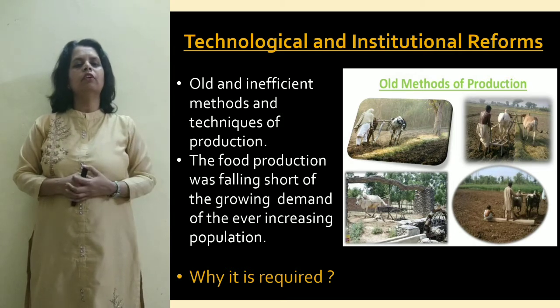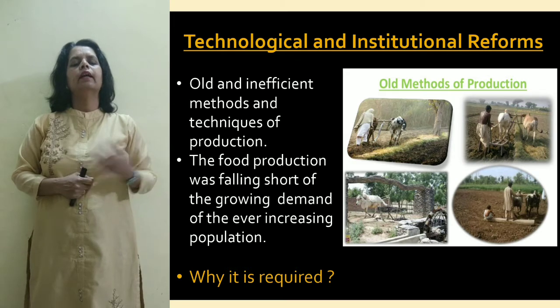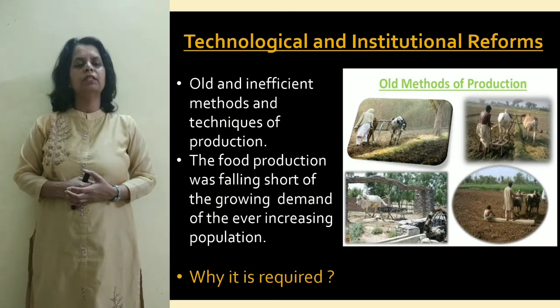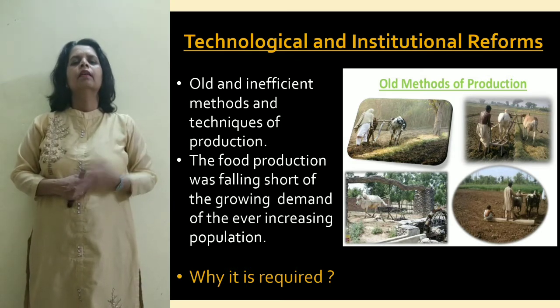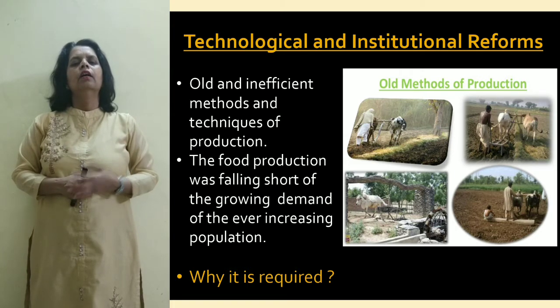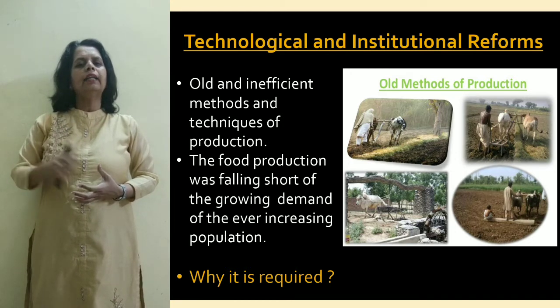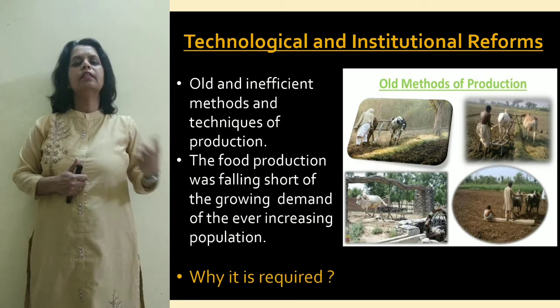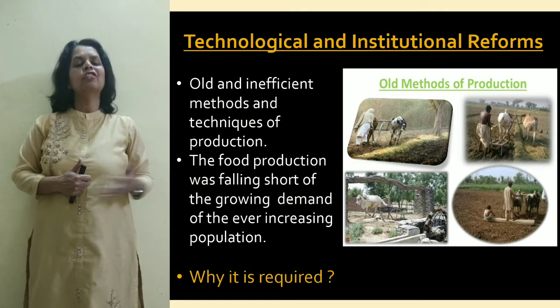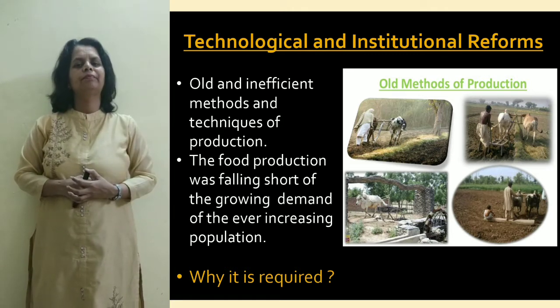With this old technology, farmers are unable to increase productivity and production. Food production was falling short of the growing demand of the ever-increasing population, and hence there is a need for technological and institutional reforms.